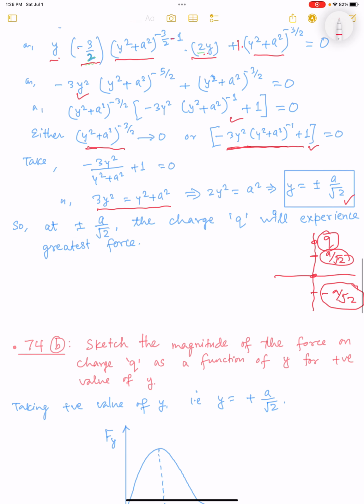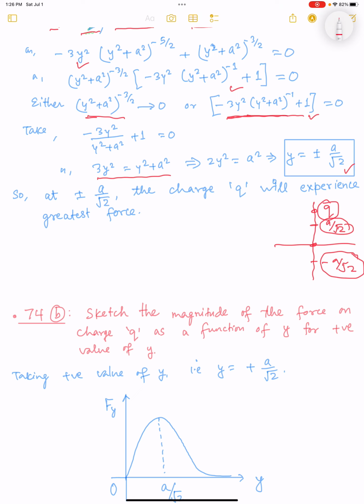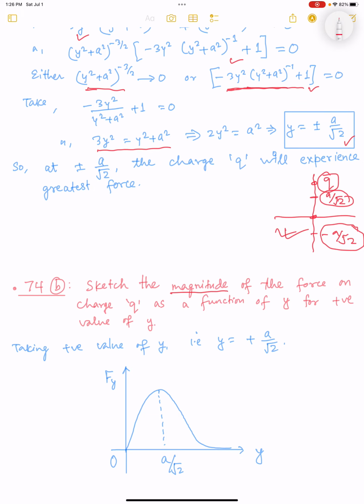For part B, we have to sketch this graph, which I already discussed here. You have to sketch the magnitude of the force on charge q as a function of y, for only positive values of y. So that's a over root 2. You can write the force along the y-axis and y along the x-axis.